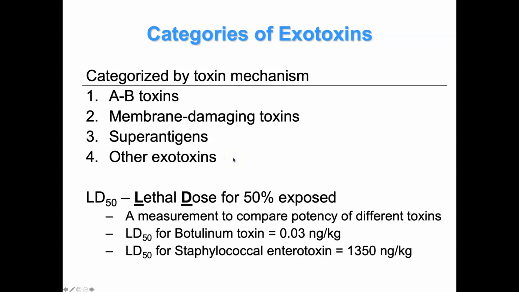The LD50 is the way that we measure and compare the potency of different toxins. LD50 stands for lethal dose for 50% exposed. How much toxin does it take to kill 50% of the population?